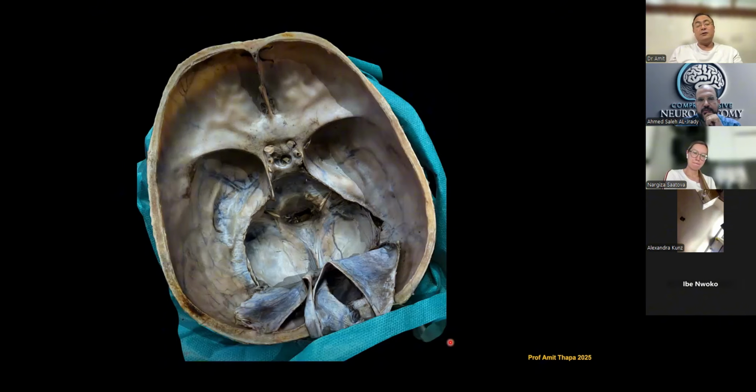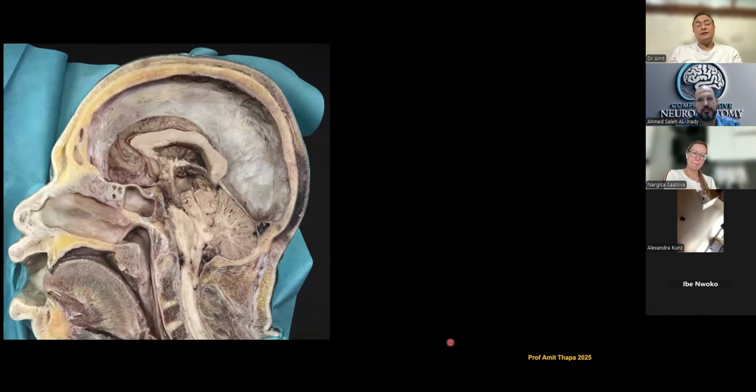So this whole cavity houses the brainstem and the cerebellum, and they are connected to the middle fossa and the anterior fossa through various nerves and vessels.